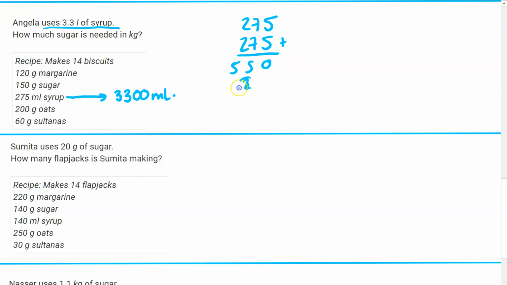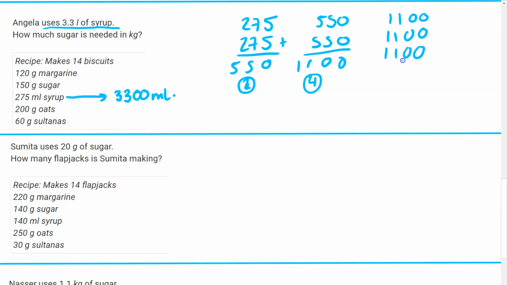So that's worth 2 of them. 2 550s is 0, carry the 1, 1,100. That's worth 4 of them. And then we know that 3 of those are going to make 3,300. So that's a 4, a 4 and a 4, so I've got 12. So each ingredient would need to be multiplied by 12.